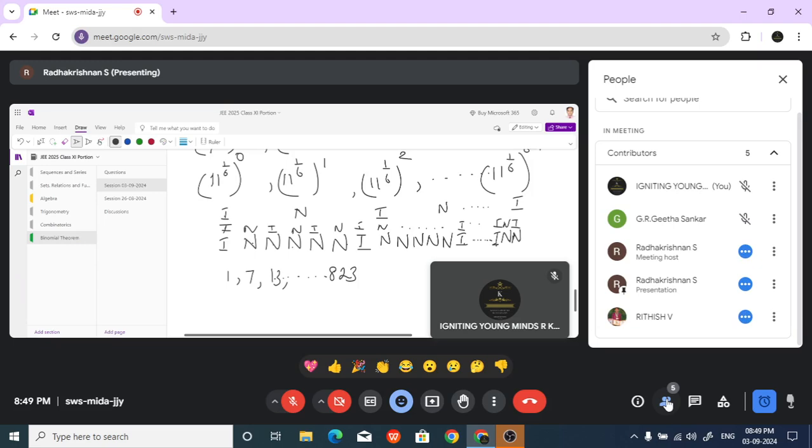No, no, the first term is 1. Okay, let us take it as 1. With 1 to 825, there are 825 terms. That is why I put this as the 823rd term, 824th term. Remember, when we say term, we cannot say a 0th term, this is the first term. That is why I have put the first term as the 7th term.